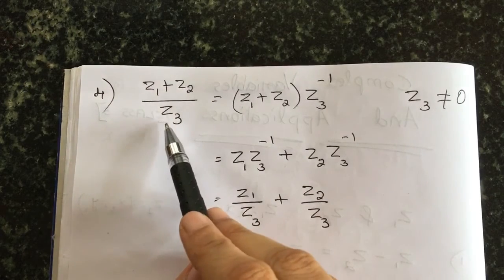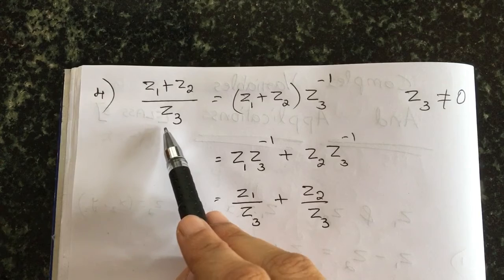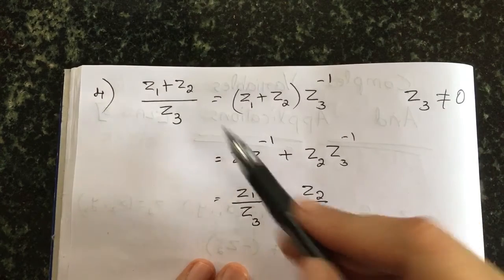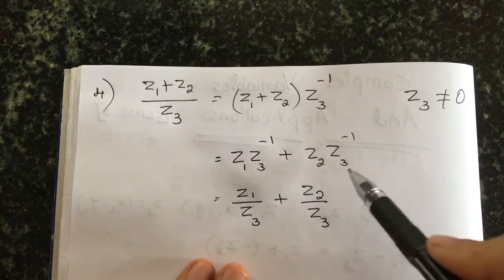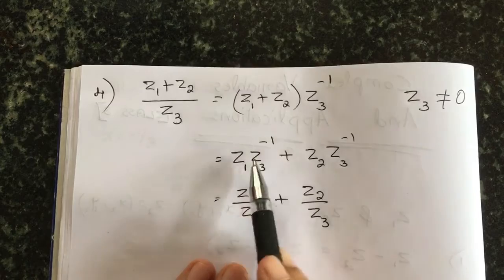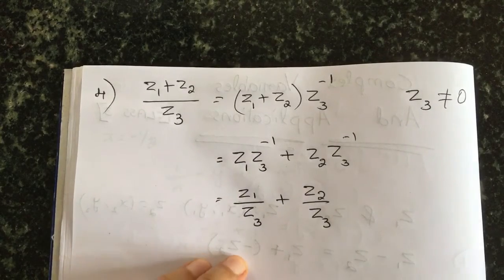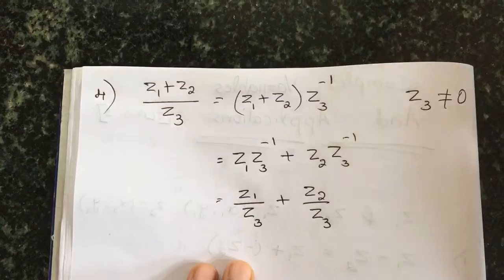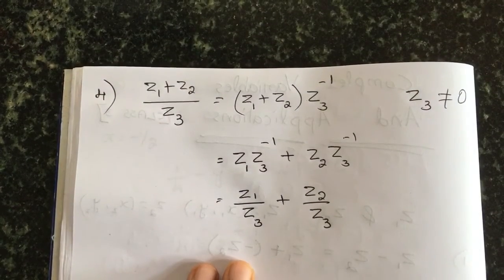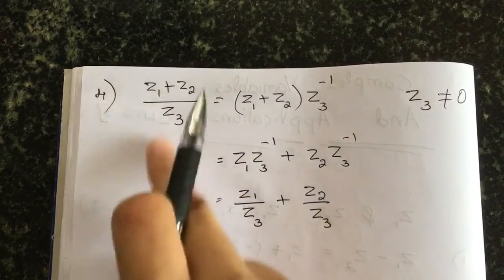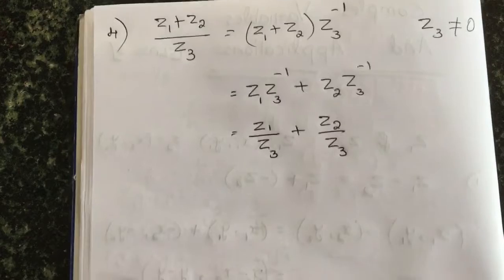If it is a complex number having both real and imaginary parts, then you find z3 inverse and go for the multiplication with z1 and z2, then add. Whichever is easy, you can apply depending on the complex numbers z1, z2, z3.